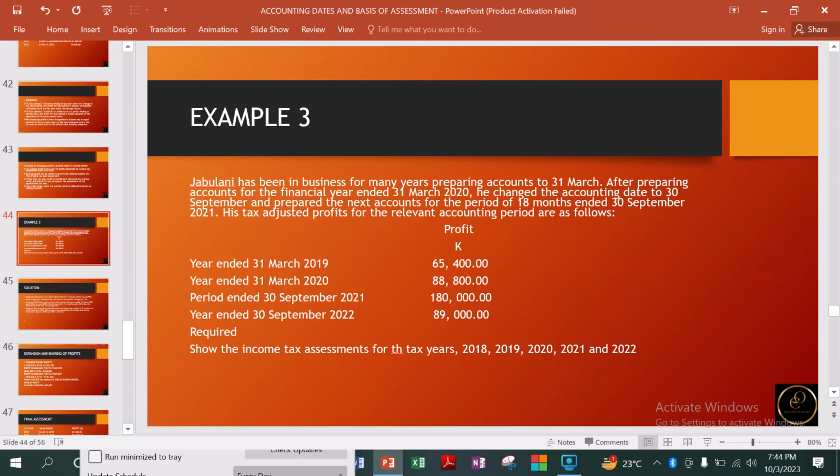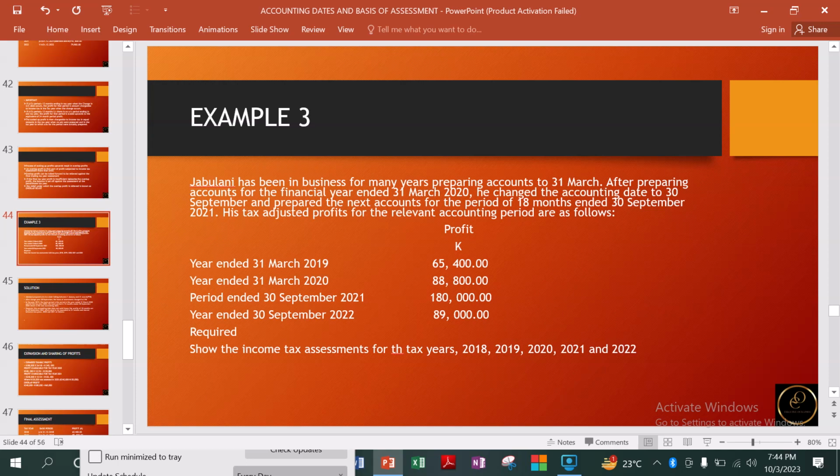Just looking at this accounting date, you can see the first one is 31st March 2019. 31st March signals to us that we are supposed to use the preceding year basis, which for tax year 2019 is 2018. That's why we are starting with 2018 here. So the first two are on the preceding year basis.